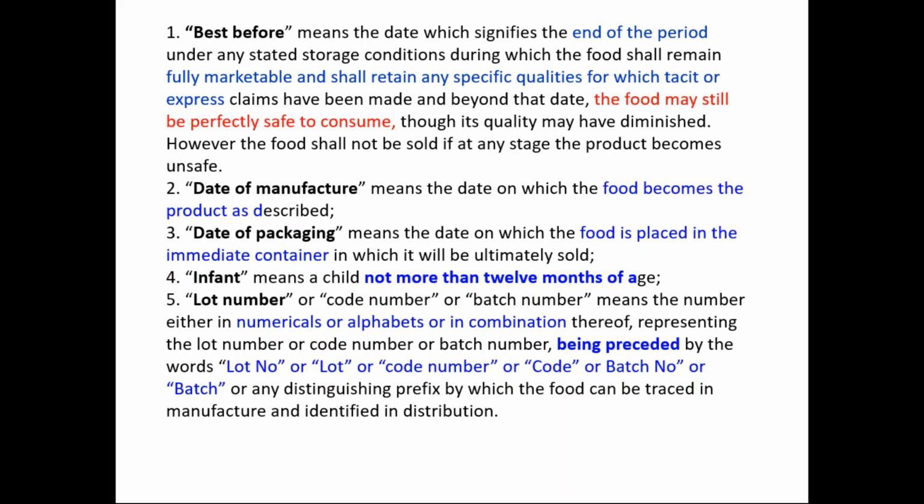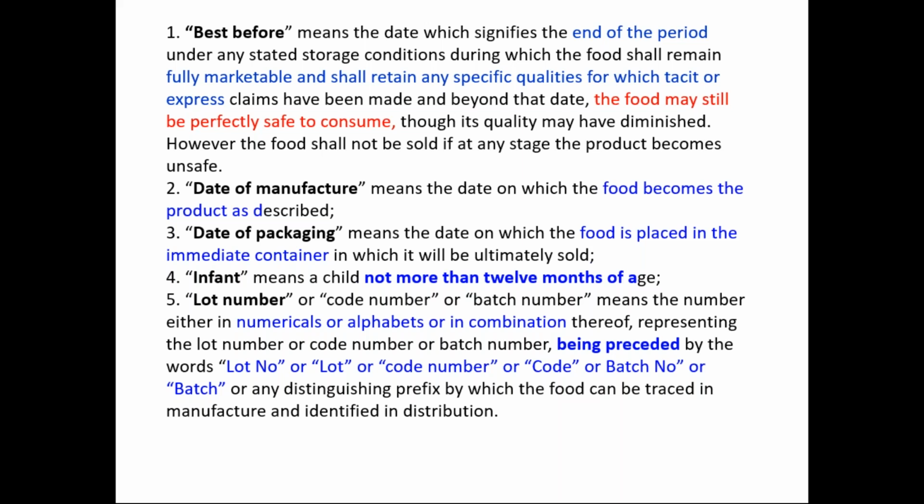You will find in several instances, you have to write that it is not suitable for infants. FSSAI has defined an infant as a child who is 12 months or below. Lot number, code number, and batch number are given because it helps the regulator, in case of any safety concerns, to ask the food business operator to recall the whole batch.